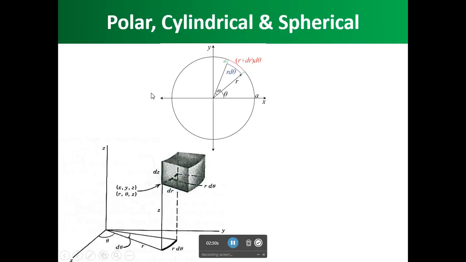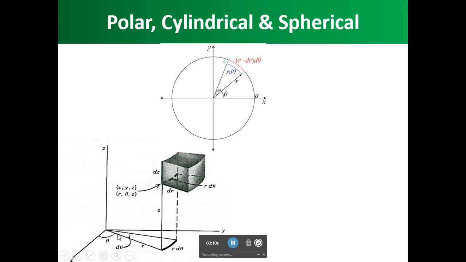Now when we want to go to cylindrical, like a cylinder, we have another part which we call z. Now we have 3 dimensions. Here on the bottom we have our 2 dimensions, which is the same as our circle here.